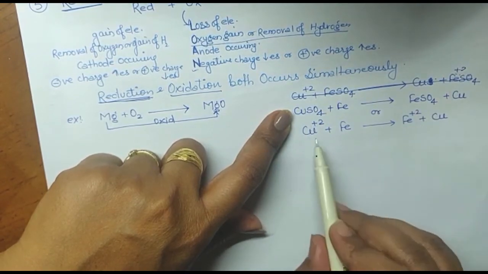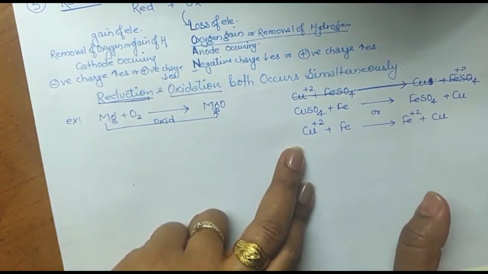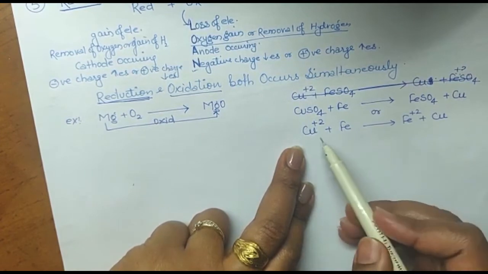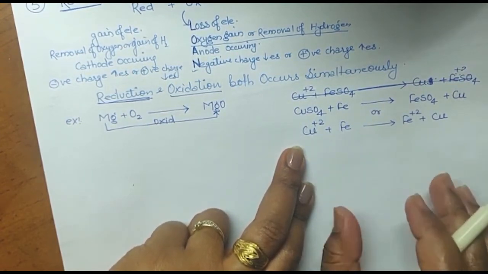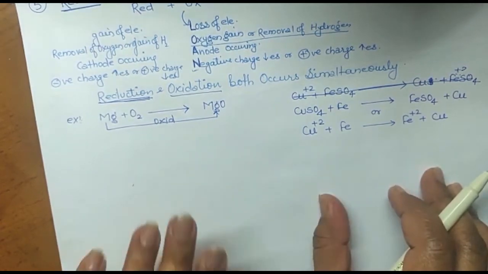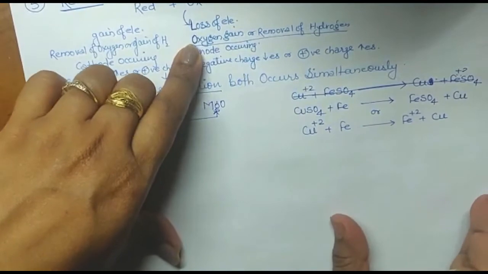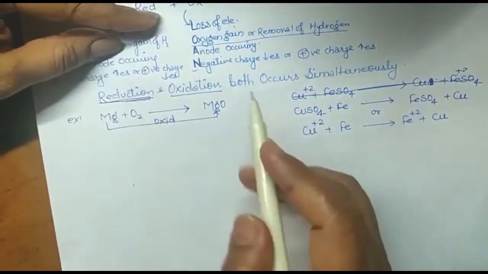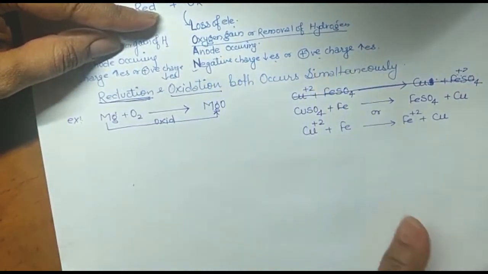So that is clear. But if I give this equation and ask you which one is undergoing oxidation and reduction, can you tell? No, because there is no involvement of oxygen. So all reactions cannot be explained on the basis of oxygen gain and removal of hydrogen. To explain it widely, we will learn this concept also: negative charge decreases and positive charge increases.